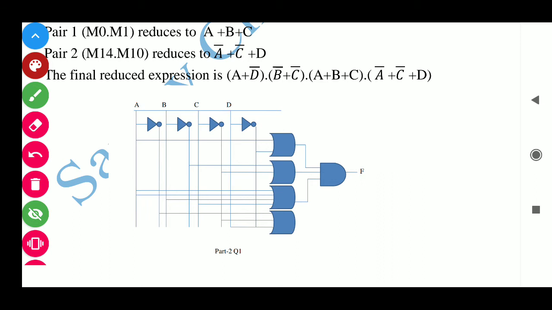So A, if you see here, we are just drawing for this expression, that is this one, first OR gate. So one line is connected to A and another line is connected to D naught. You can see here. Understood? Same here, you are connected here. Understood? So this is the way to draw the logic diagram.